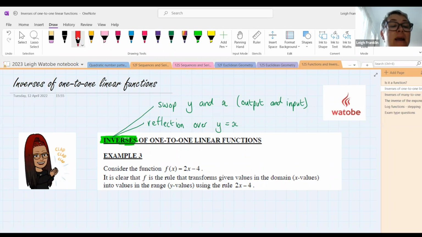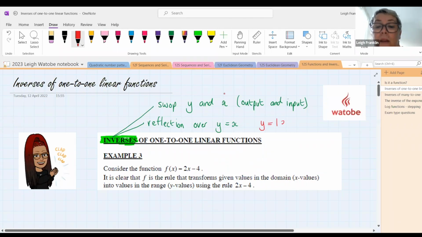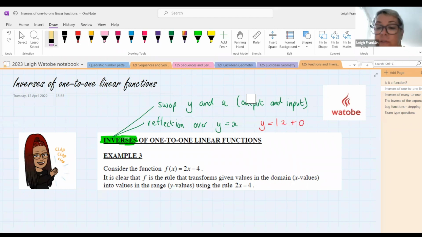Well, it is a diagonal line, and the line y equals x means y equals 1x plus 0. We all know in maths, we don't ever write plus 0, and we also don't write ones. So if we write x, we mean just 1x.